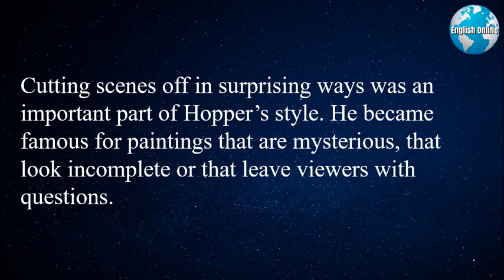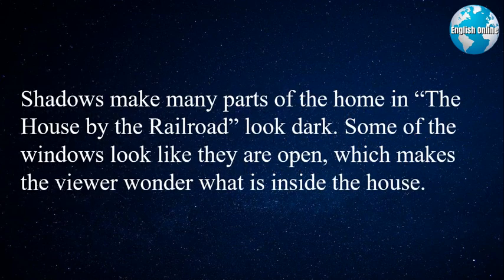Cutting scenes off in surprising ways was an important part of Hopper's style. He became famous for paintings that are mysterious, that look incomplete, or that leave viewers with questions. Shadows make many parts of the home in The House by the Railroad look dark.